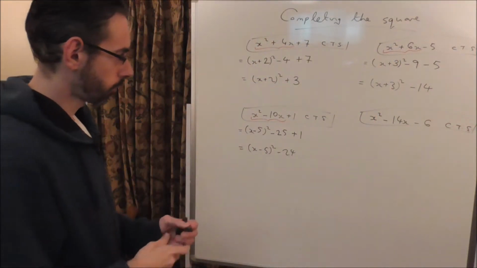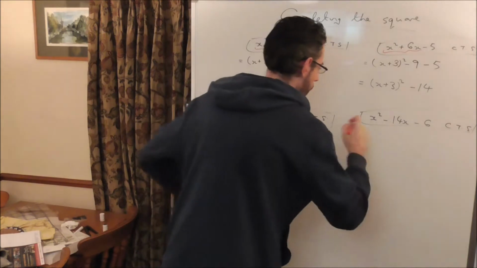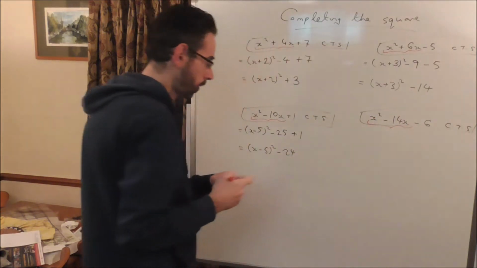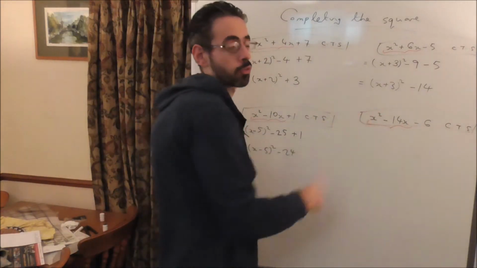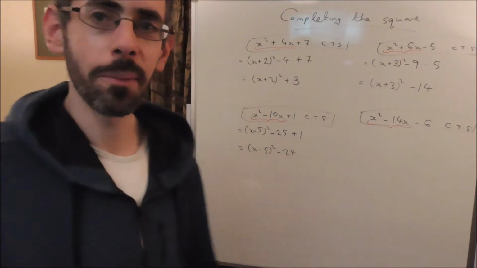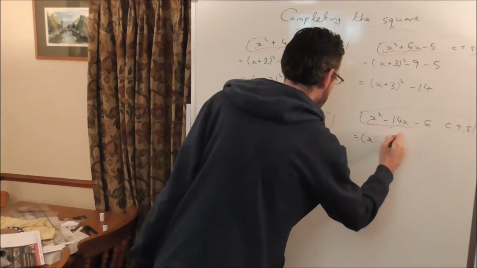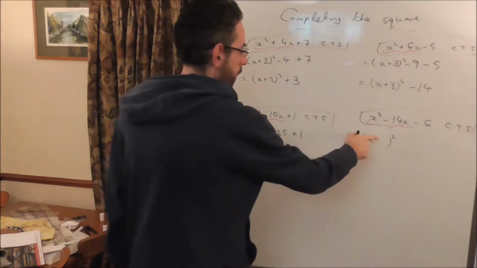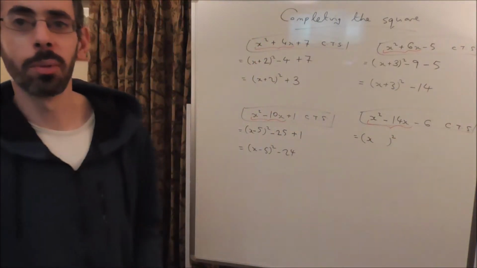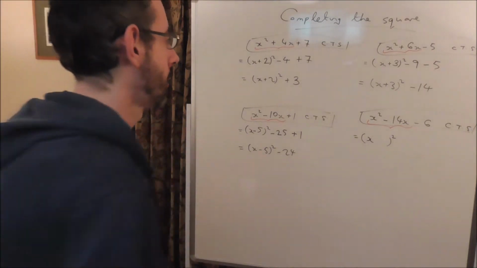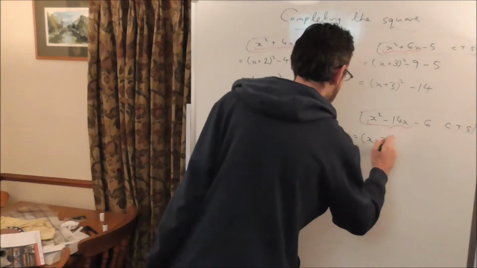Okay, again I'll focus just on the x squared minus 14x. I'll sort of ignore the 6 for now. Just bring it at the end. So what does x squared minus 14x go to when you complete the square? Well, it goes to x, again, plus or minus something squared. And what's the number here going to be? Well, half of minus 14 is minus 7. So it's x minus 7 squared.